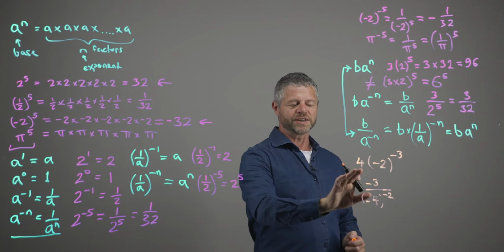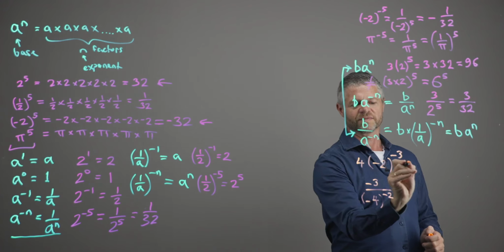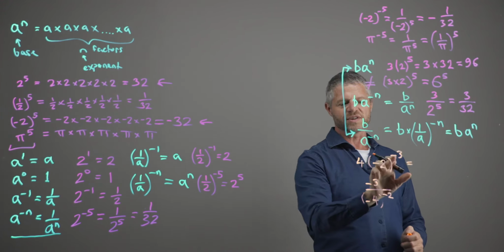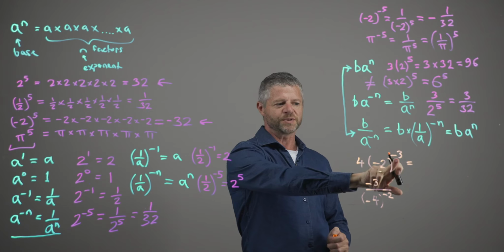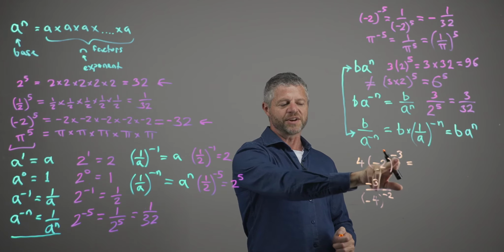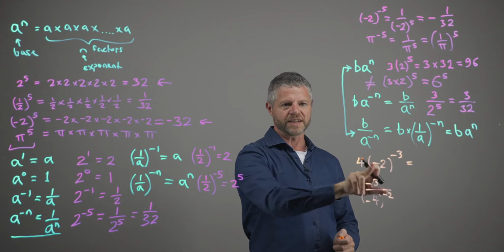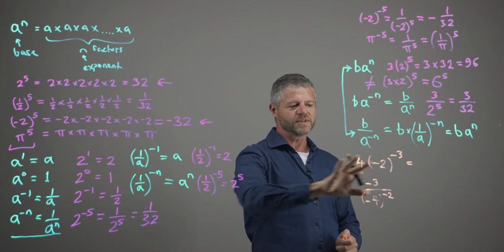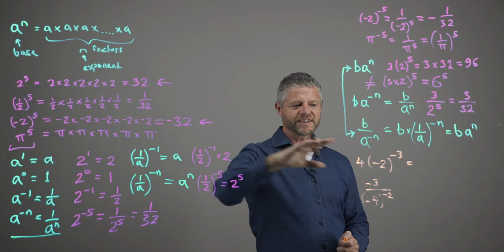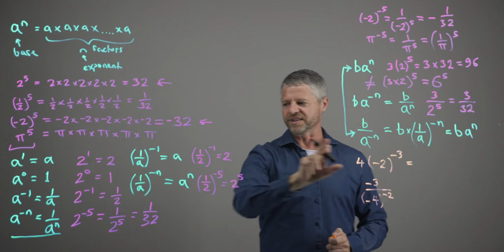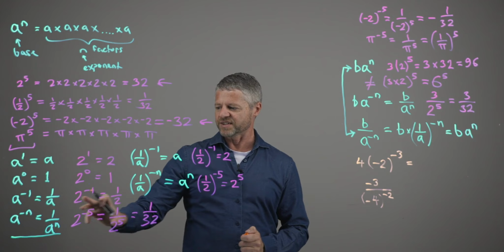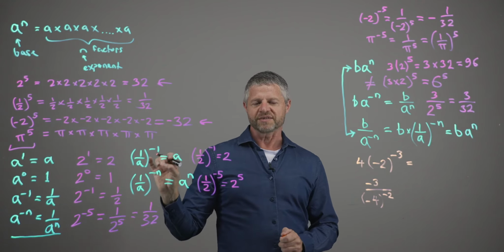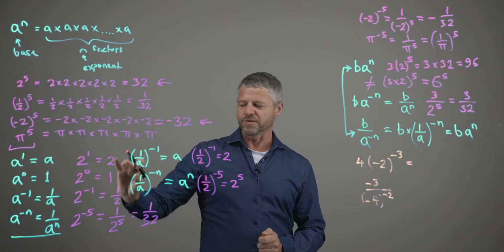So for the first one, we've got a negative exponent in the numerator. We don't have a denominator here. There's no fraction here. There's nothing in the denominator. It's all in the numerator. So we've got minus 3 in the numerator. So let's go back over here and see what we have to do when we have a negative exponent in the numerator.